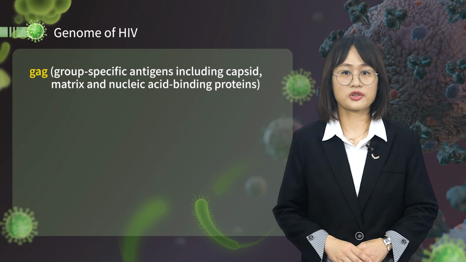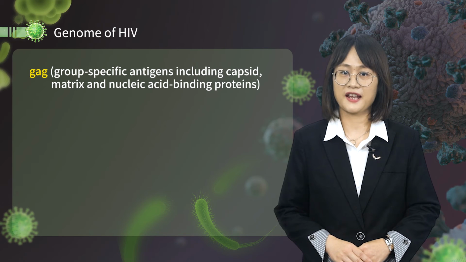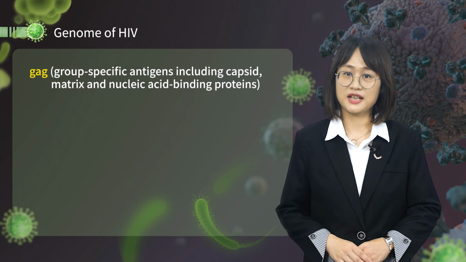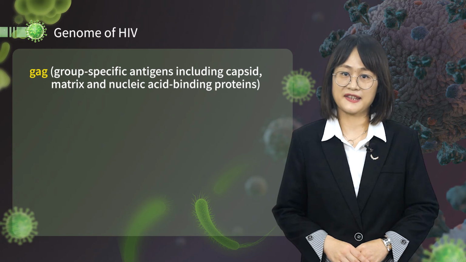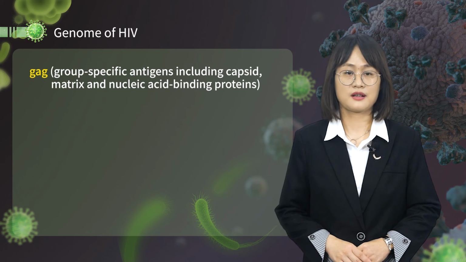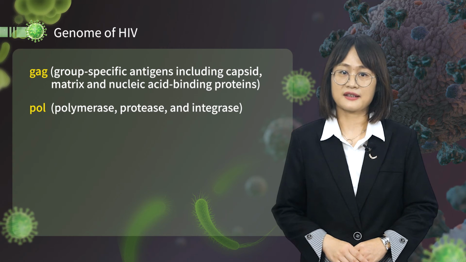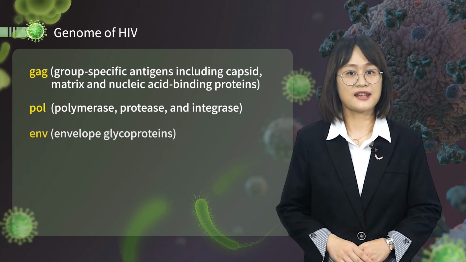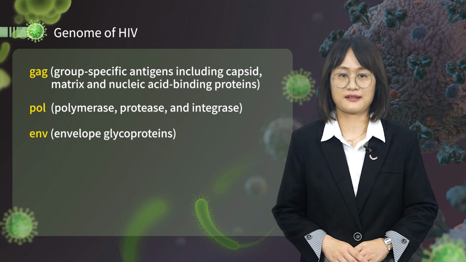The 3 structural genes: GAG encodes group-specific antigens, including capsid, matrix, and nucleic acid-binding proteins. POL encodes polymerase, protease, and integrase, and the ENV encodes envelope glycoproteins.